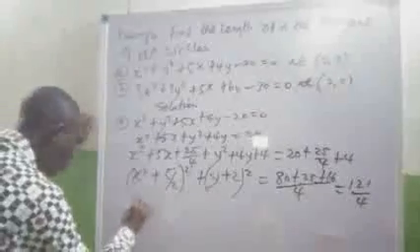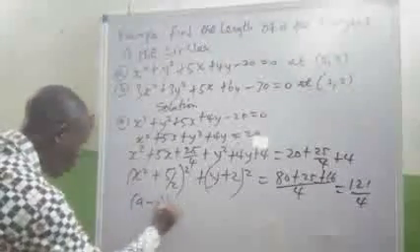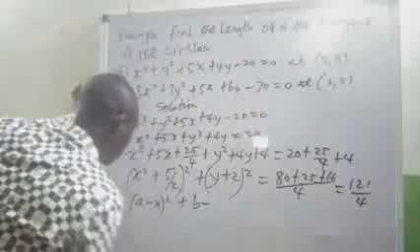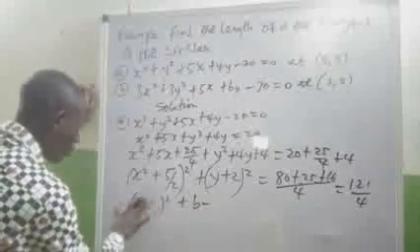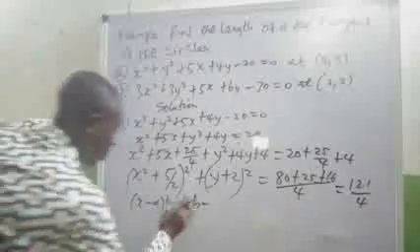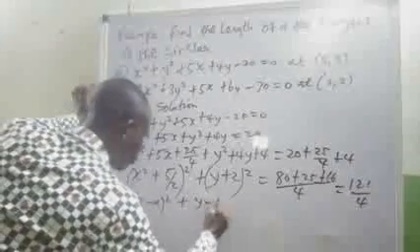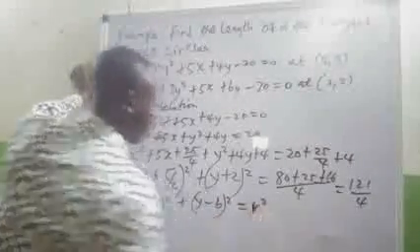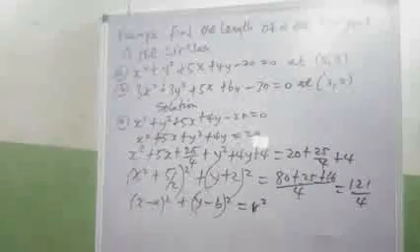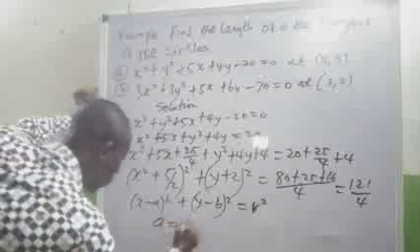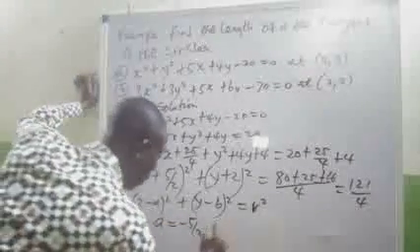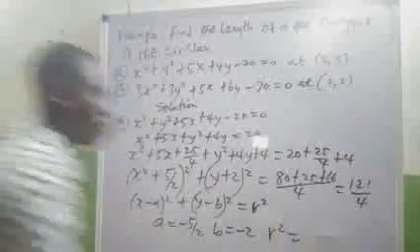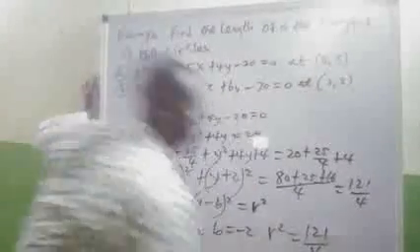So if I use s minus a all squared plus y minus b all squared is equal to r squared, then my a will be equal to minus 5 over 2 and b will be equal to minus 2, and r squared will be equal to 121 over 4.